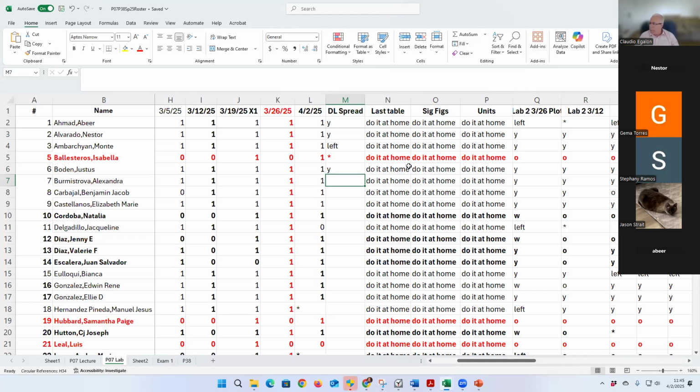Next, Alexandra Bamistrova. Yeah, I have it open. Good, thank you. And Benjamin Carbajal, did you get your spreadsheet? Got it. Next is Elizabeth Castellano. Okay, thank you. Next is Natalia Cordoba. Good. Next is Jacqueline Delgadillo. Did she come in? Doesn't look like she came in. Okay, next. Jenny Diaz, did you get your spreadsheet, Jenny?